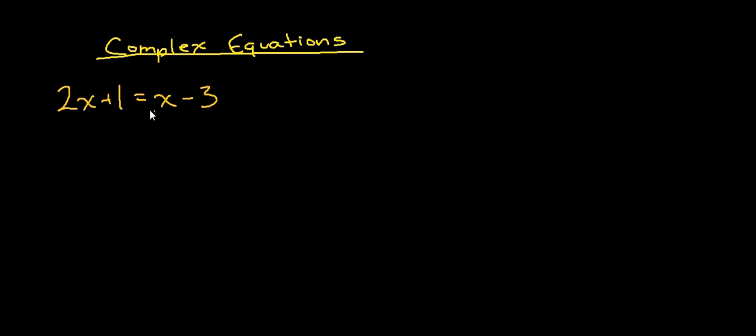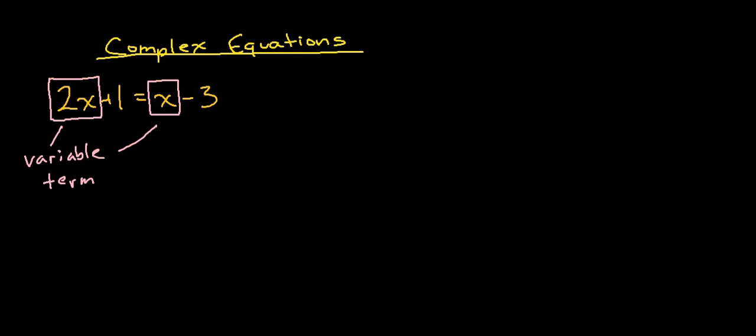There are variable terms, which, as you can hear by the name, include a variable. So of course our only variable in this equation is x. So anything that contains an x is a variable term. Right? And anything that does not contain a variable is a constant term.